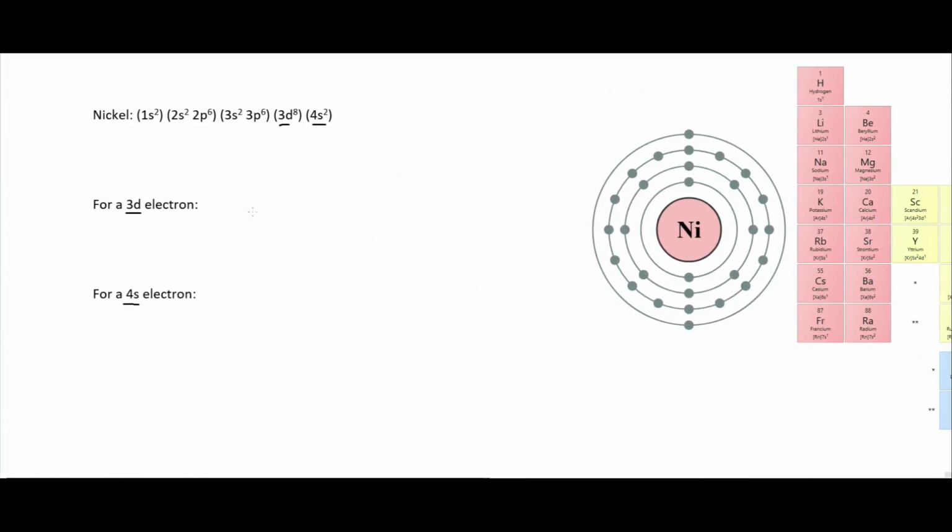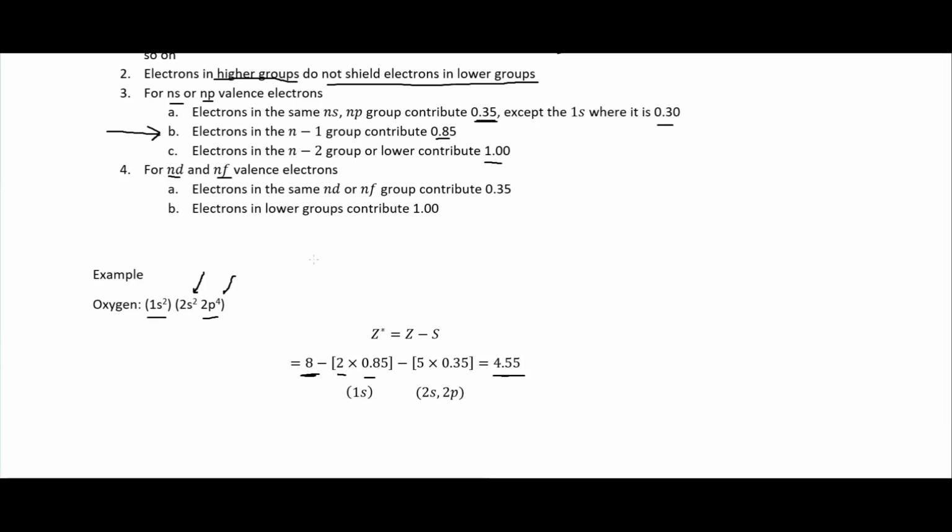So if we want to look at a 3d one, we take our 28, then we subtract, and we're looking at d electrons. We know that rule 4 is for d electrons, so we first look at a: the electrons in the same d orbital have 0.35.